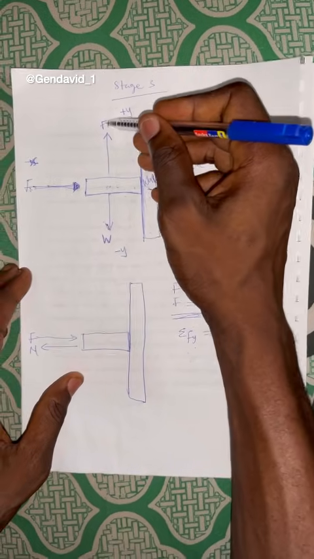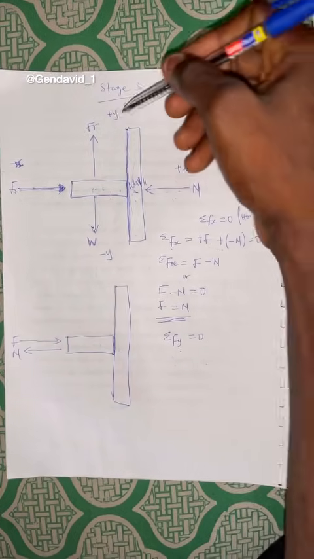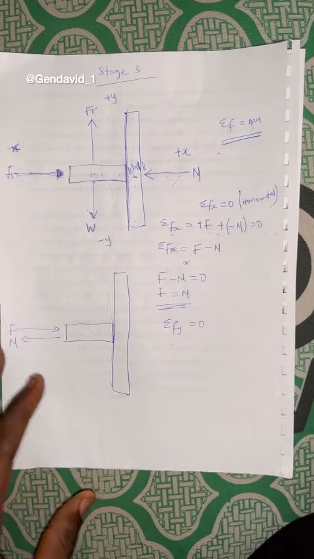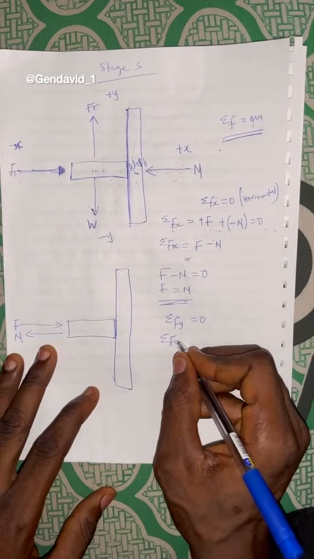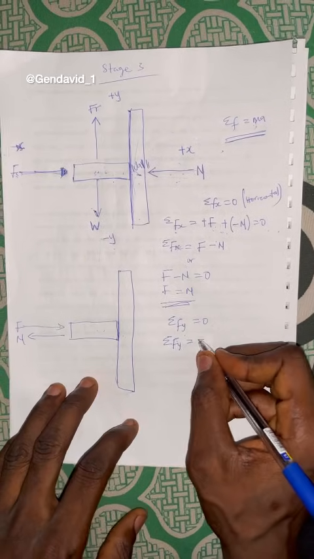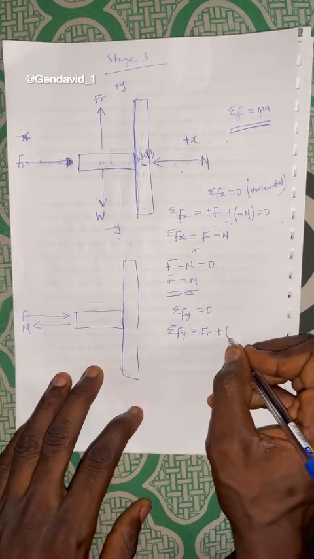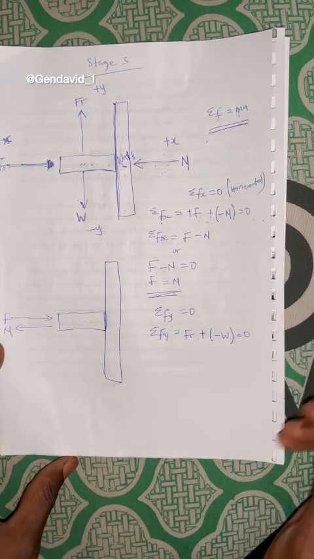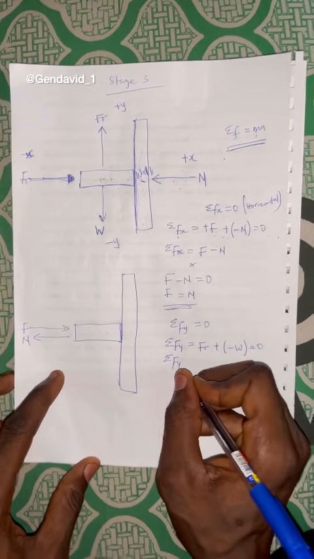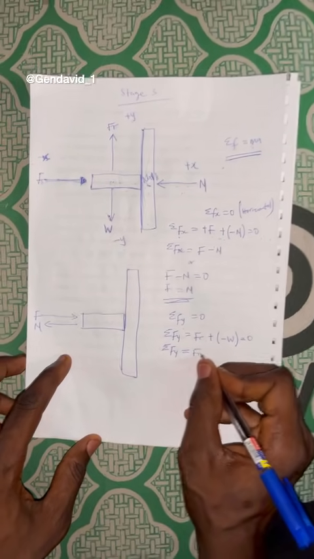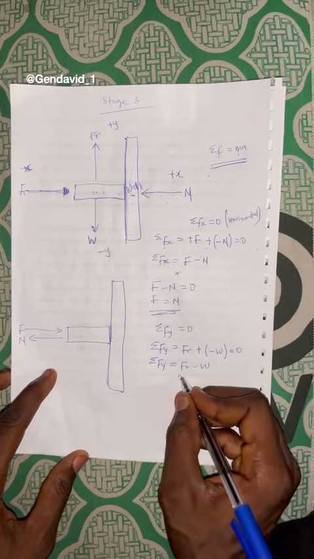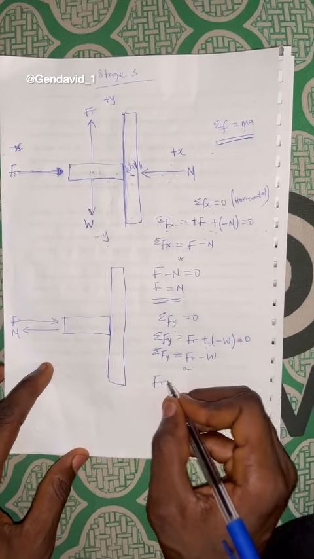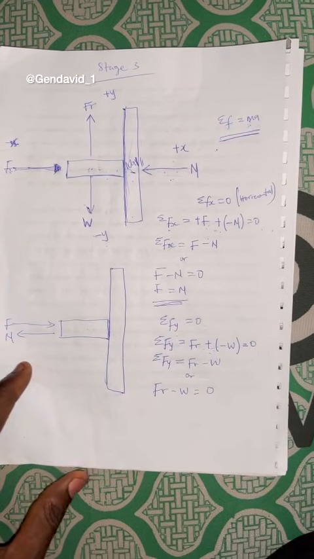And as you all know, the Fr here, which is the frictional force, is found at the positive y, and the weight is found at the negative y. So I will say the summation Fy is equal to Fr, which is positive, plus into bracket, the weight, which is minus W. Everything equals 0. Then I can have summation Fy equal to Fr minus W, so Fr minus W is equal to 0.